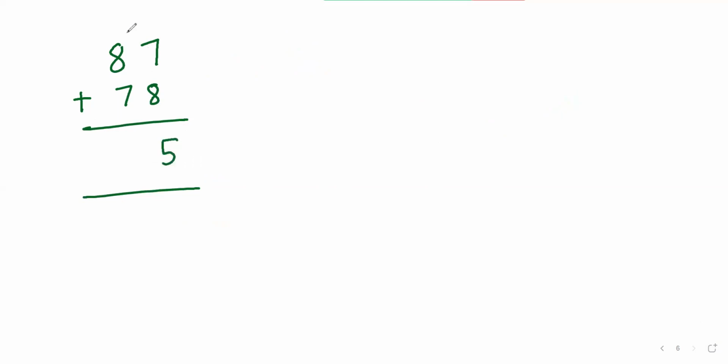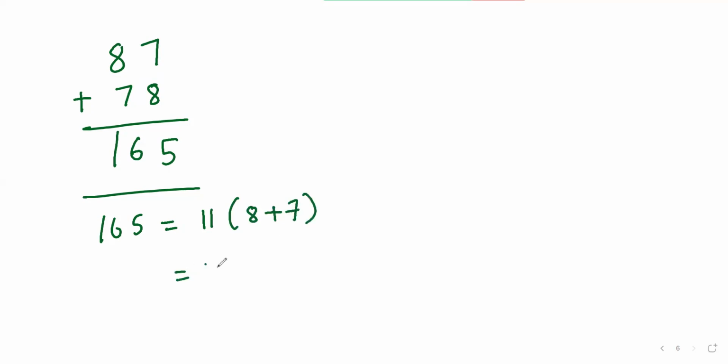Let's take 87 and 78. Okay, if I add 87 and 78, what do I get? 165. So I can write 165 as 11 into 15, where 15 is the sum of the digits, isn't it?